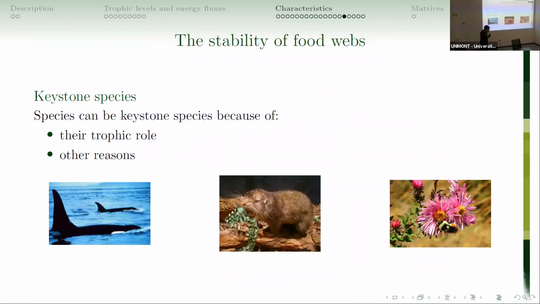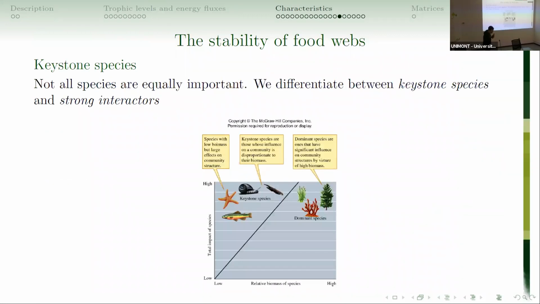Okay. So about these species, like the ones that I just showed you, that have important roles in a community. You might have heard about keystone species, right? Keystone species are species that, if they disappear, have important effects on the food web, like secondary extinctions.